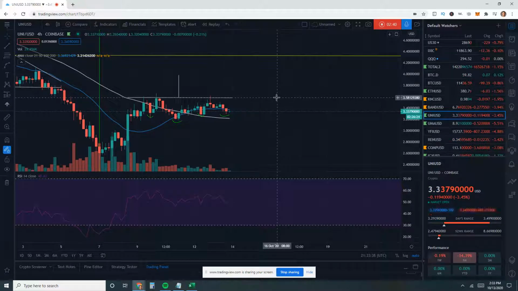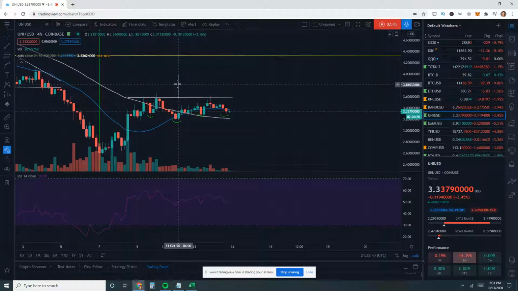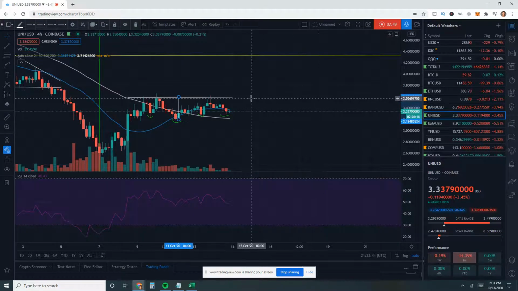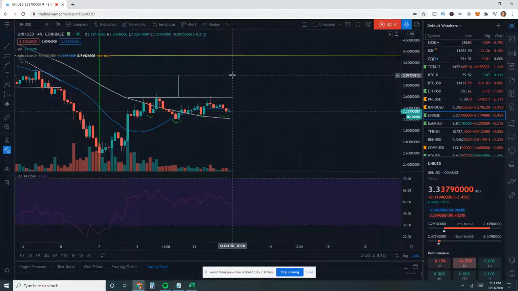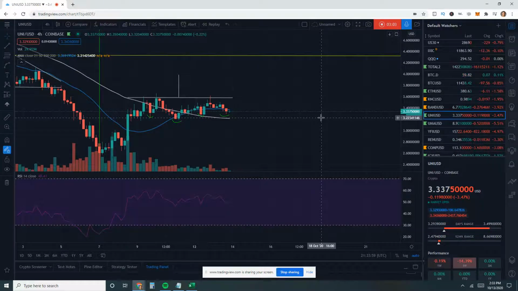So the neckline is about $3.60 USD, and the measured target, which is basically the measurement from the neckline to the bottom wick, for me would be about $4. So the breakout target of this breakout would be about $4.